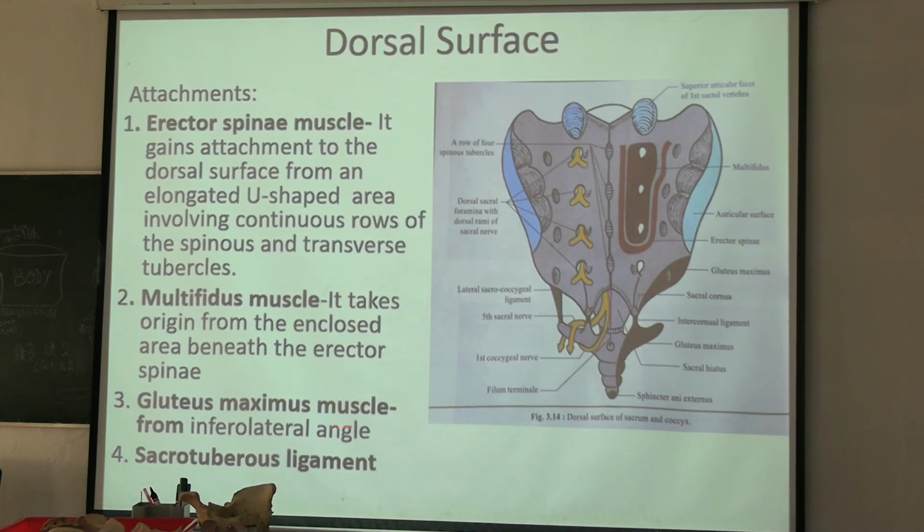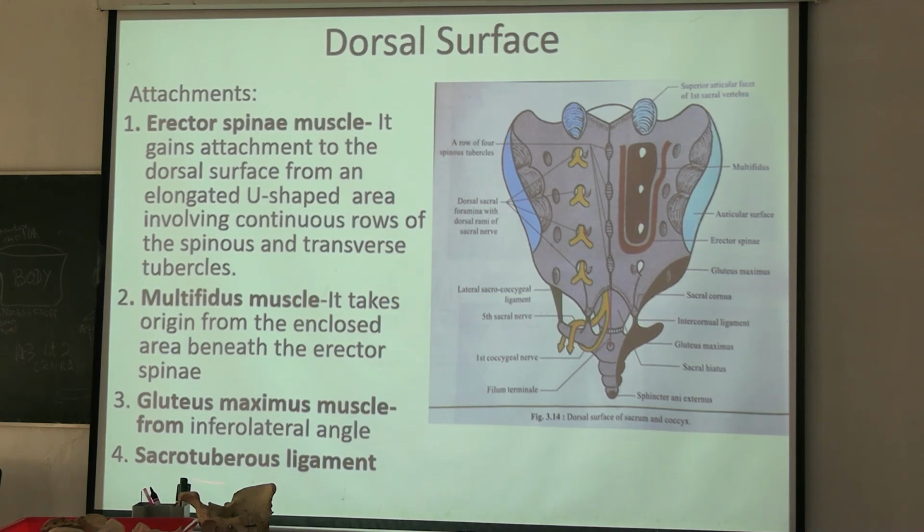And gluteus maximus muscle from the inferolateral angle here. From here, gluteus maximus muscle. Okay, from the gluteal surface of the sacrum, and from here also from the inferolateral gluteal surface of the hip bone. Okay, and from the inferolateral angle of the sacrum.